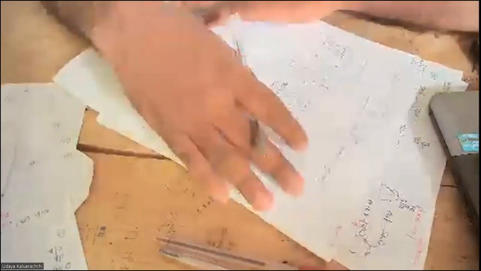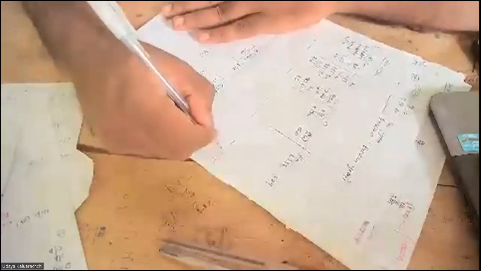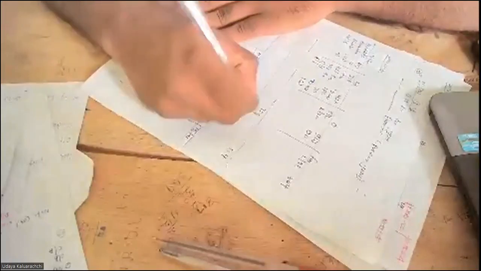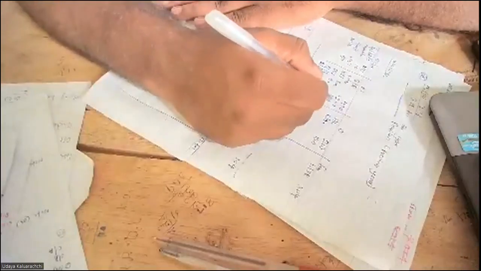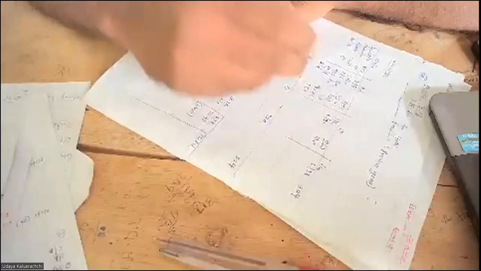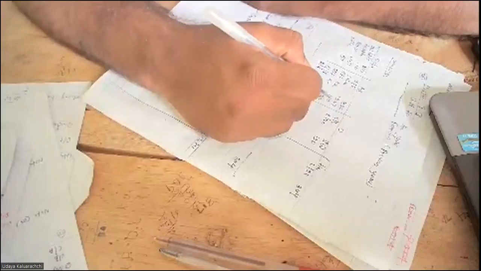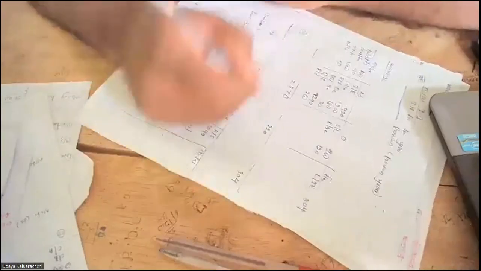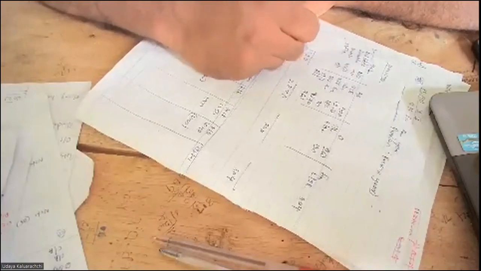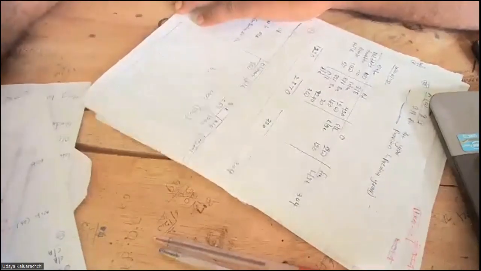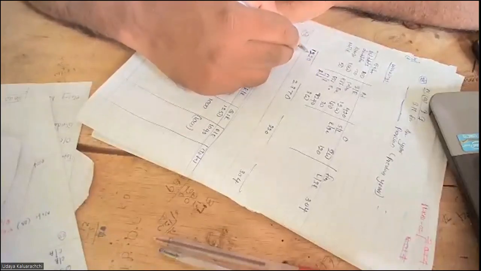Then expenses. Check whether these expenses are correct, with marking. Distribution 1,220.